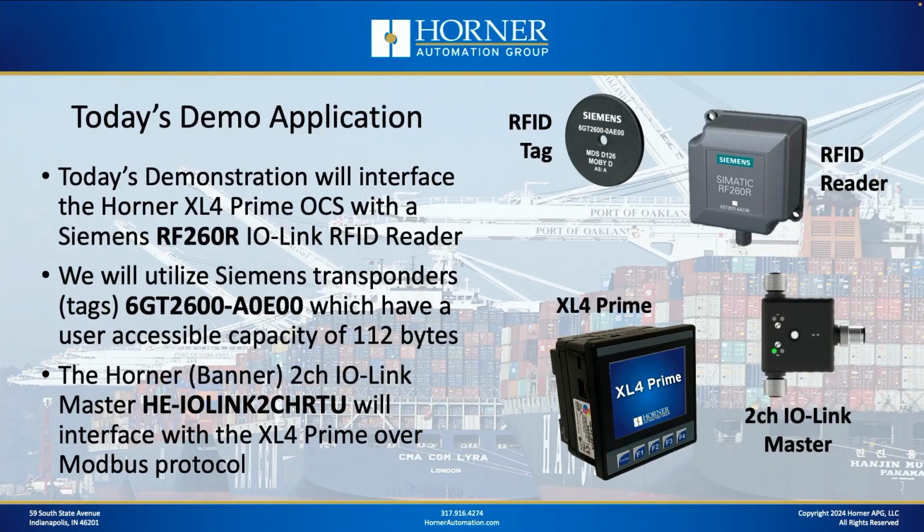We're also using some Siemens tags that have about 112 bytes of capacity each, read-write capacity. And then we're using a 2-channel Banner IO-Link master. If you buy it from Horner, we've got the part number there on the screen. And then, of course, that is interfacing with the XL4 Prime over Modbus protocol.